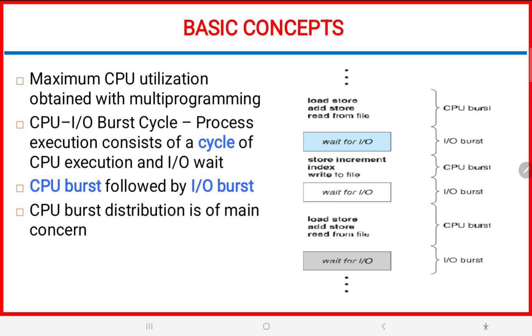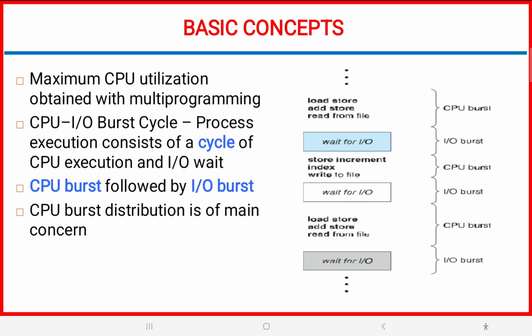So if you see over here, so far we have read a number of times that our main aim is to keep the CPU busy so that we can have maximum CPU utilization. This is done with the help of multi-programming. So we have seen that a process basically switches between the CPU's time as well as the IO activity.